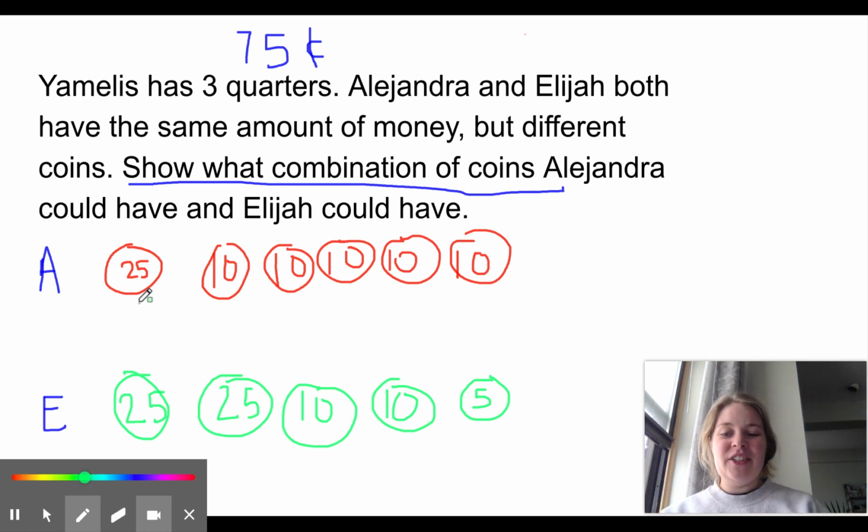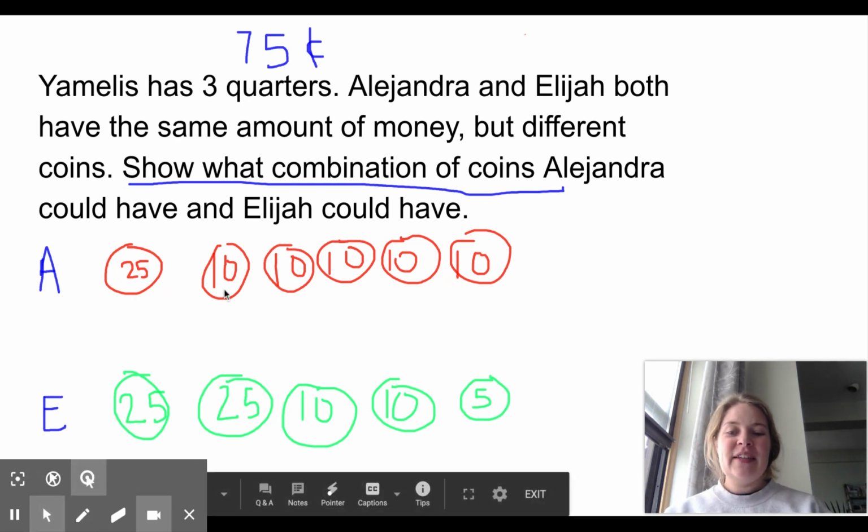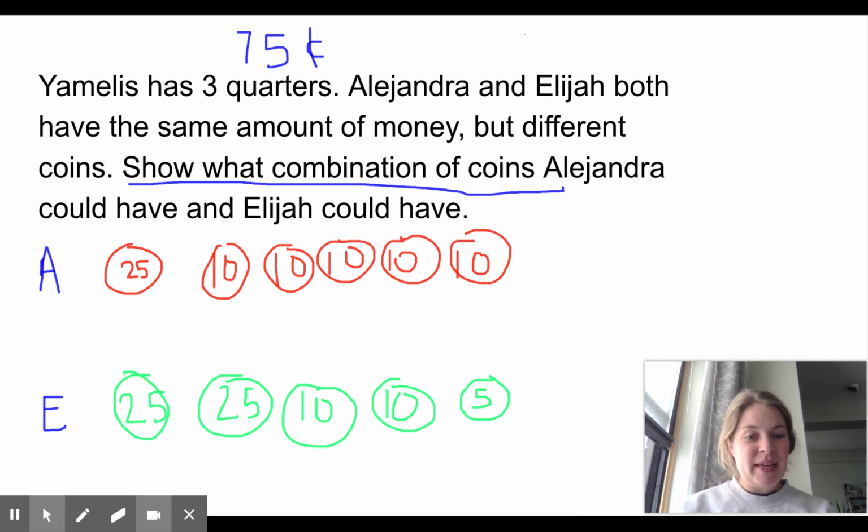I have that Alejandra has 1 quarter and 5 dimes. Skip count with me to see if we are correct. 25, 35, 45, 50, 55, 65.